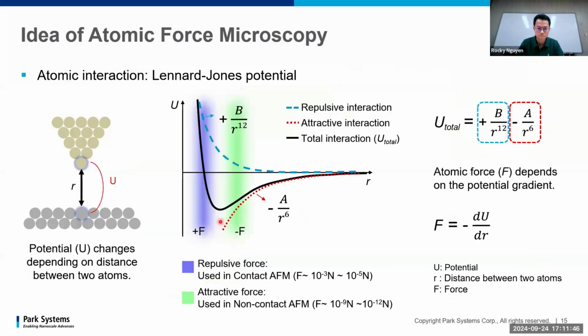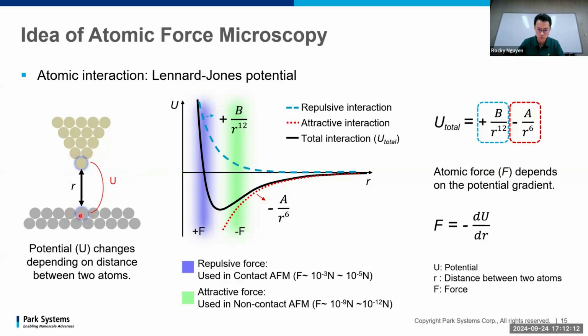So the idea of an AFM is the atomic interaction. We can understand this interaction based on some model like the Lennard-Jones potential, which explains the interaction between atoms and molecules. In this case, the foremost atom of the AFM tip and the foremost atom of the sample surface.